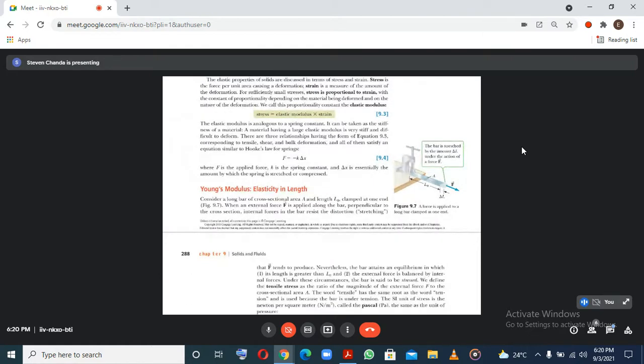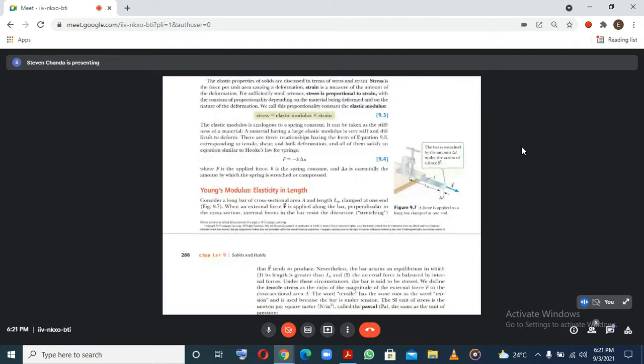So force per unit area causing a deformation, that's the stress. Then the strain is the deformation that is caused. So if somebody is punched in the face, that pressure, that force that has been used, that's the stress. And then how bad the face is deformed, that's the strain.